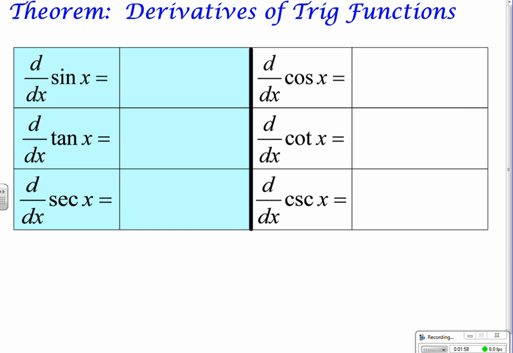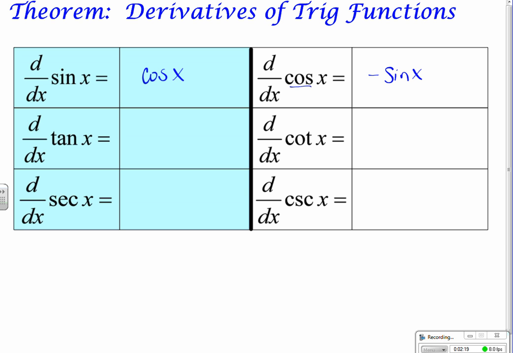Next, you'll have the table here that we're going to put our derivatives of the 6 trig functions in, just as a good place to come back and look until you have them memorized. Currently, I think you probably have this one memorized. The derivative of sine is cosine, and the derivative of cosine is negative sine of x.